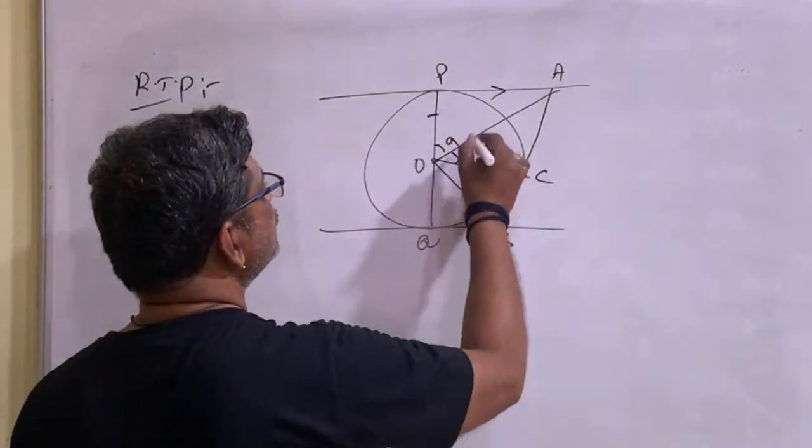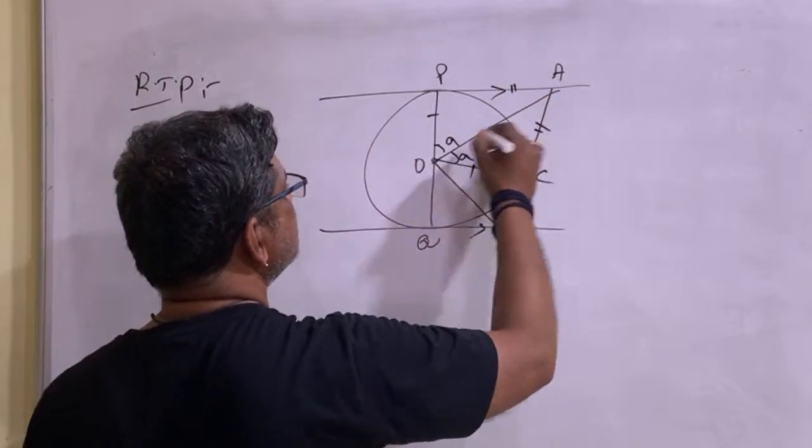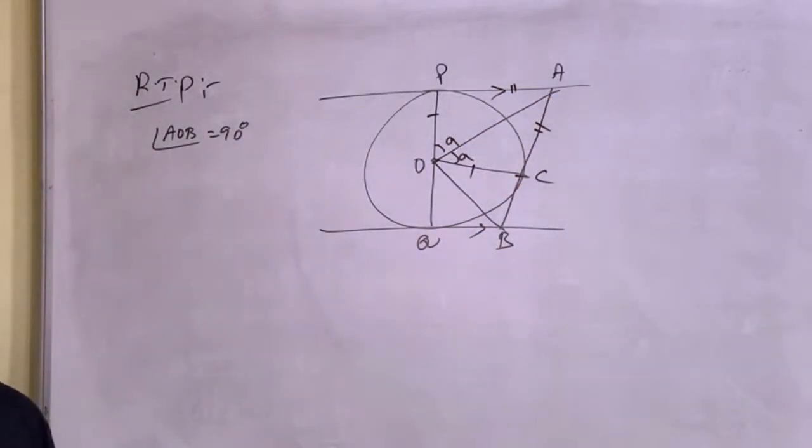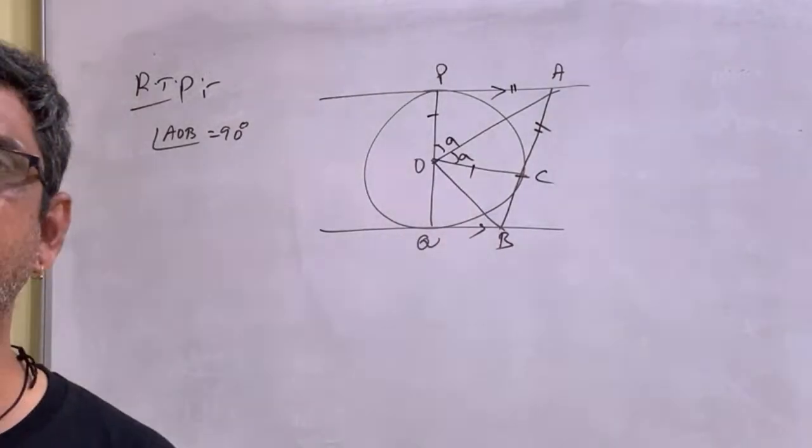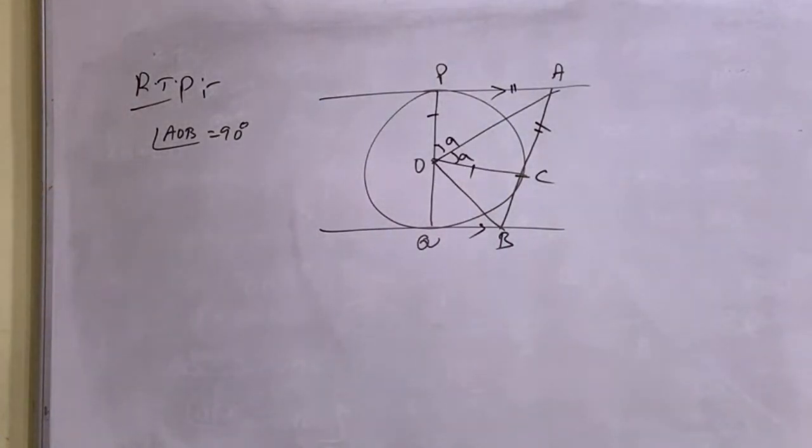OP equal to OC, AP equal to AC, OA common side. You can take it as triple S congruency. So triangles POA and COA are congruent either by triple S or RHS.